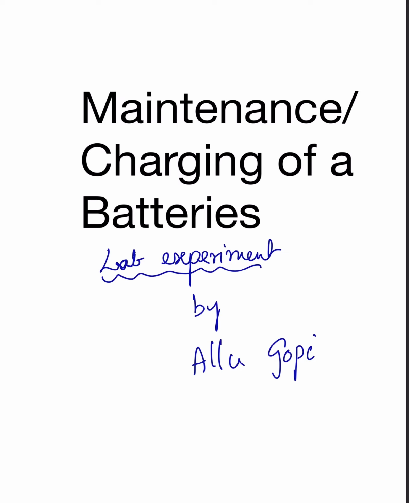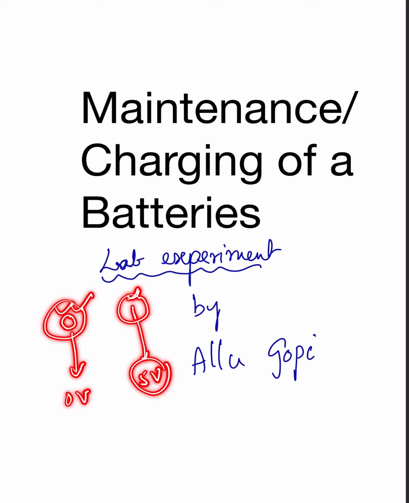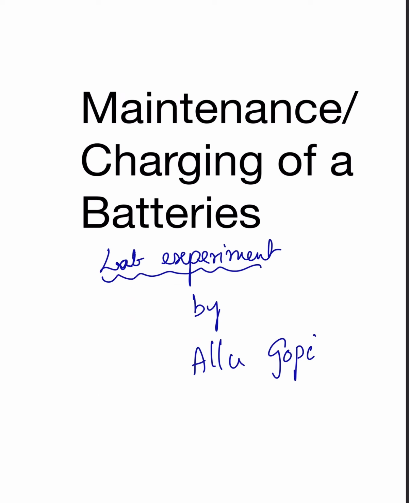Now if any machine operates on 0 and 1, that means 1 means 5 volts, 0 means 0 volts. Sometimes this may be 2.5 volts or minus 2 volts, or 3 volts, but the difference must be 5 volts.